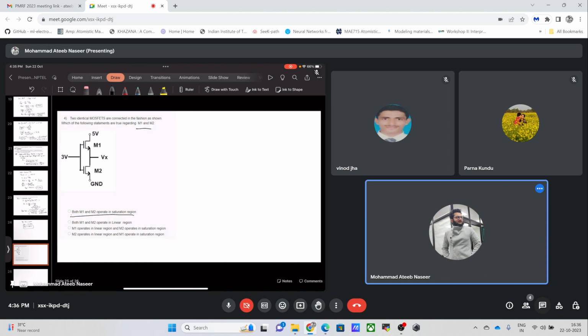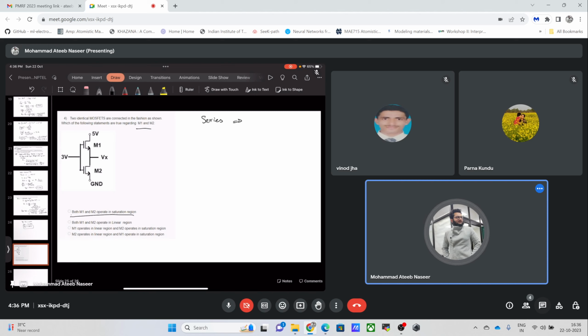If both the MOSFETs are in saturation, what does it mean? It means that first of all, both are in series.